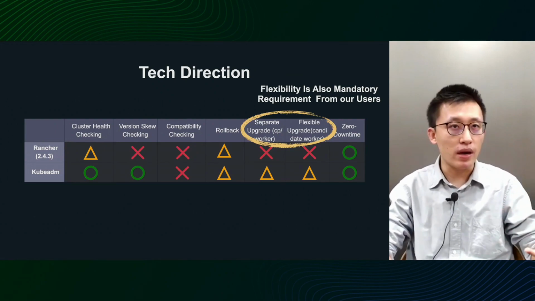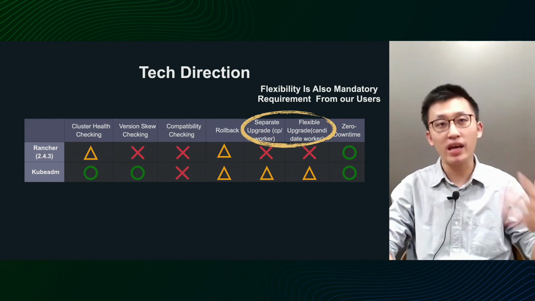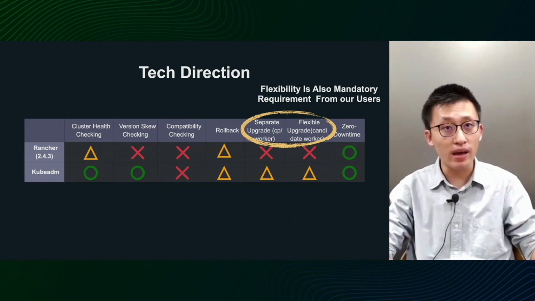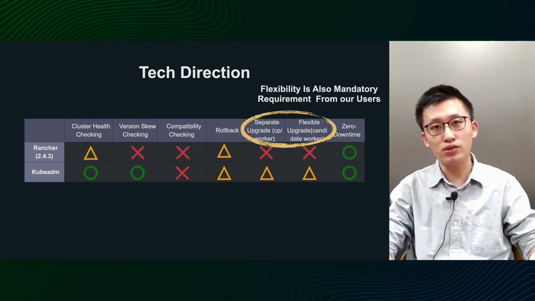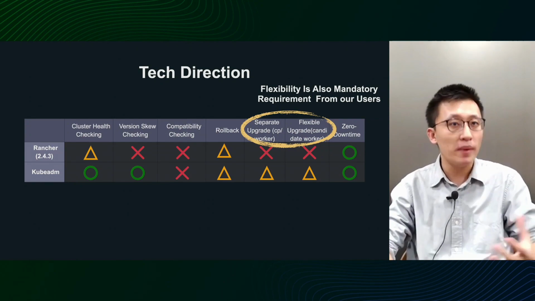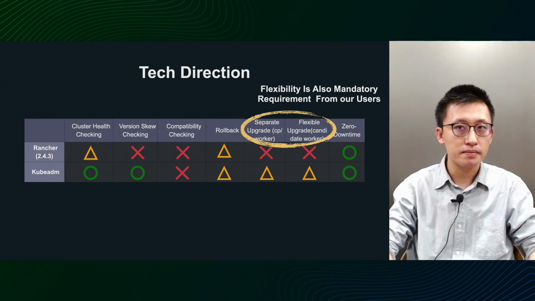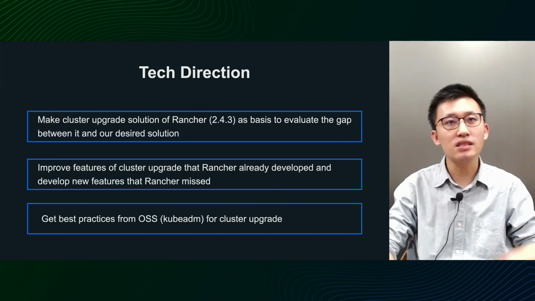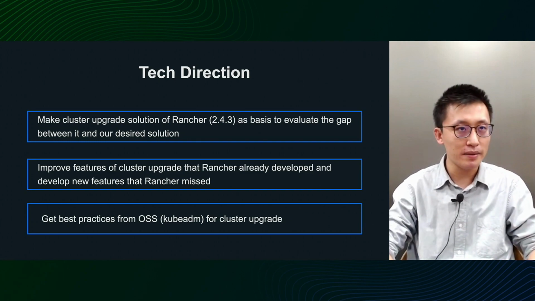That is one of the ways we can have more controlling ability over this cluster upgrade. But we can also choose to reuse some of the open source software to avoid repeated work. That is why we investigated some open source software, right?